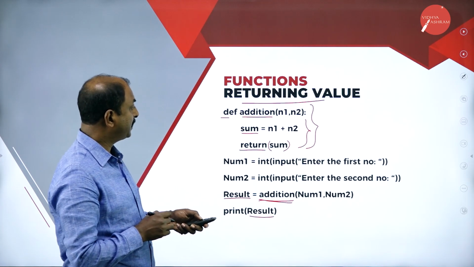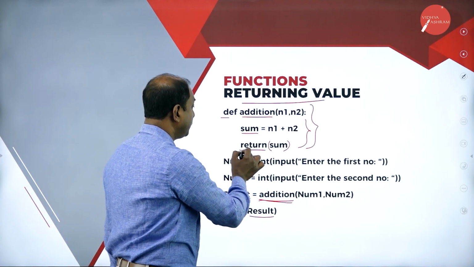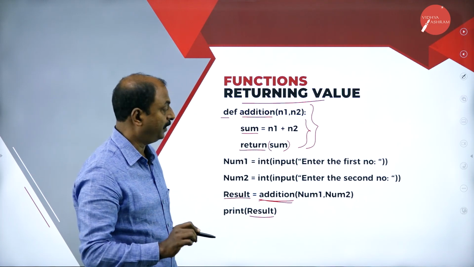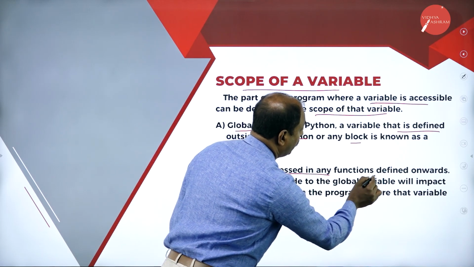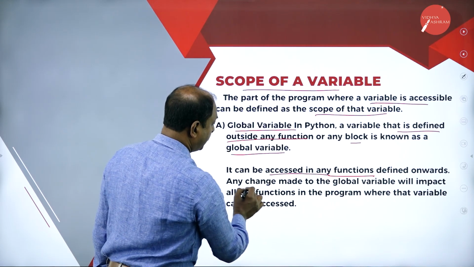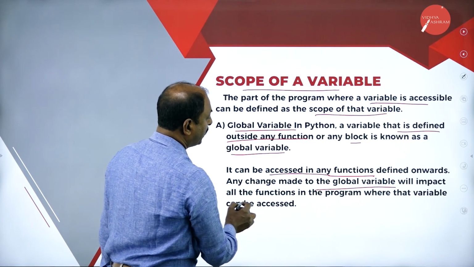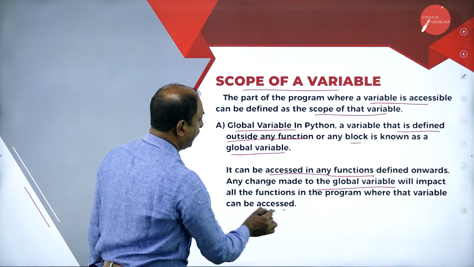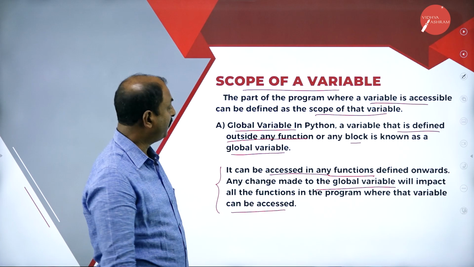So in the previous example, sum is defined inside the function, so it is a local variable, not a global variable. Now, a global variable can be accessed in any functions defined onwards. Any change made to the global variable will impact all the functions in the program where that variable can be accessed. This is another feature of global variables.